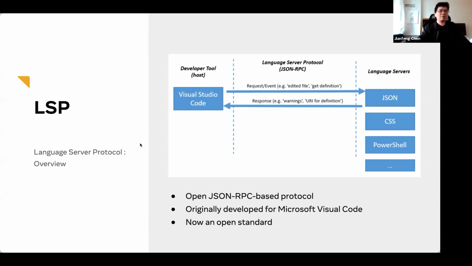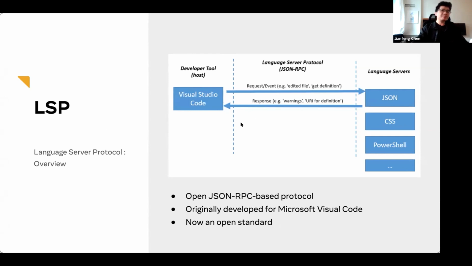Probably some of you may not know this. LSP stands for Language Server Protocol. It is an open JSON-RPC, remote procedure call based protocol. It was originally developed by Microsoft for Visual Studio Code, but now it's an open standard.